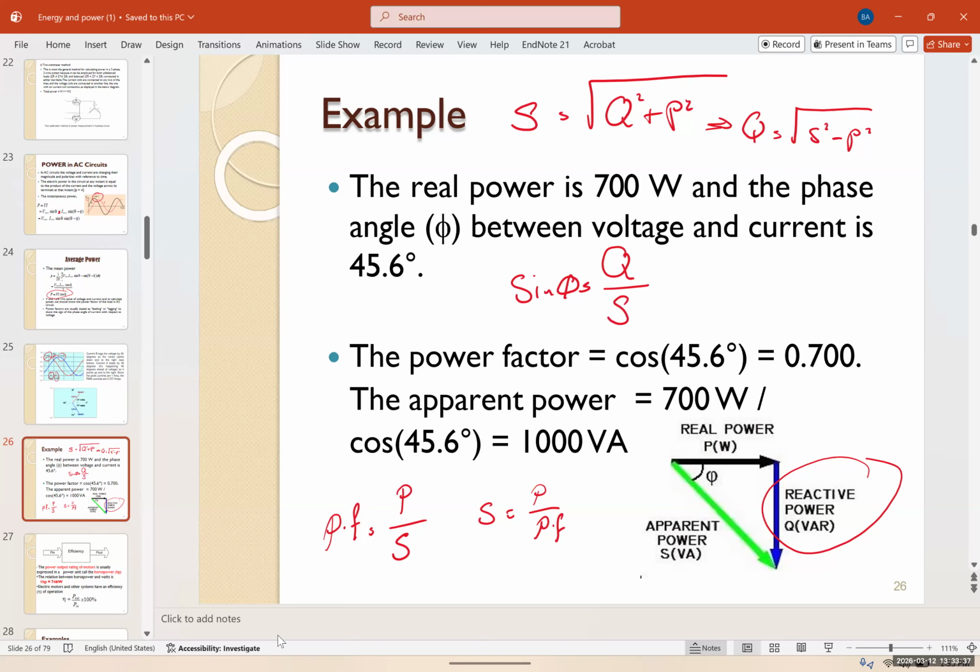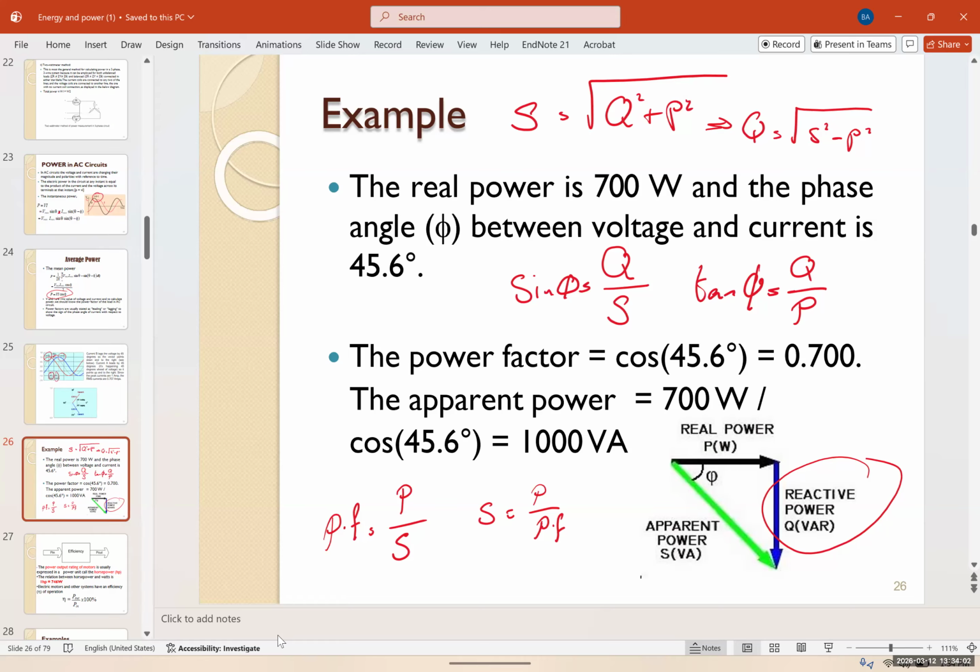S. So you can find sine of 45 degrees. You already have S, you can find Q. There's another way to find it as well. What is the tangent of phi? Q over P. Yes. So you can find tangent of 45.6 degrees, which is close to 1, and then you can find Q.